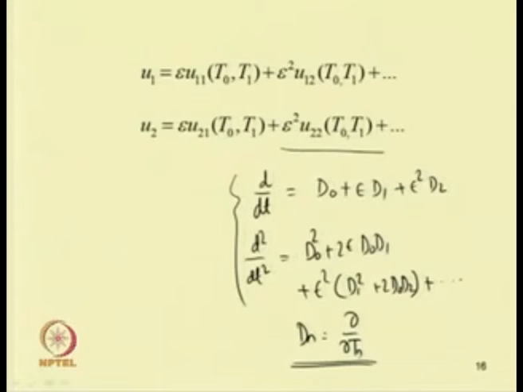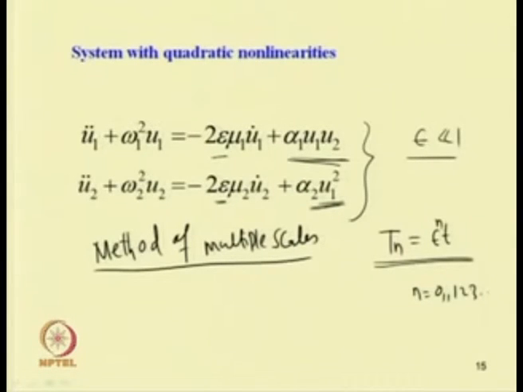So, taking these expressions into the original equation, one can write d 0 square plus 2 epsilon d 0 d 1 plus epsilon square (d 1 square plus 2 d 0 d 2).